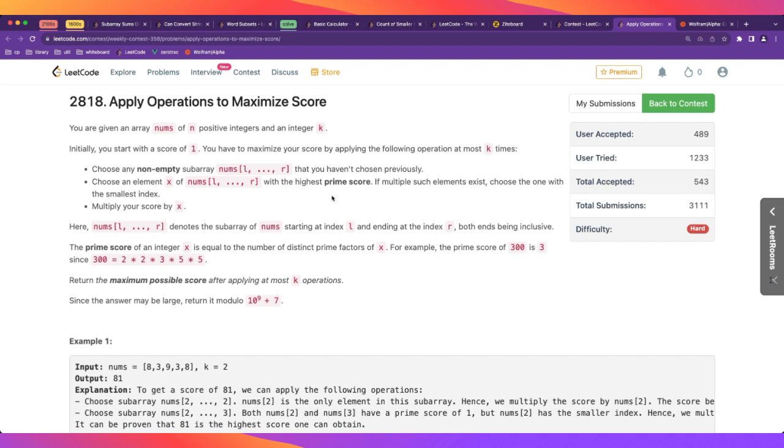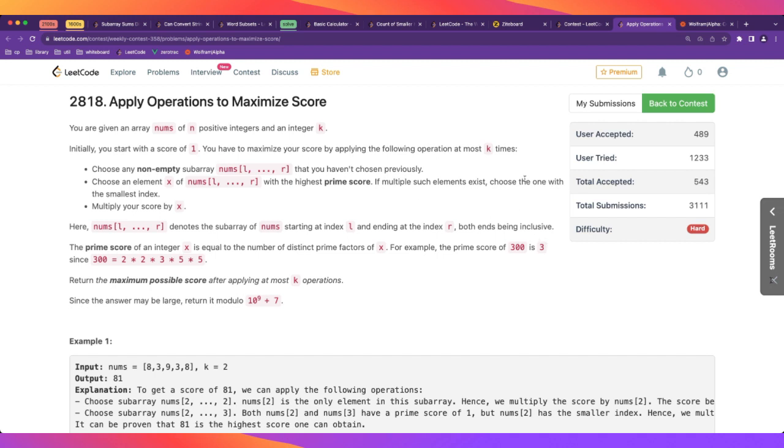You want to go to the right as much as you can without exceeding the prime score of x, the x that you are considering. And similarly to the left, you want to go as far to the left as you can until you find one that is greater.